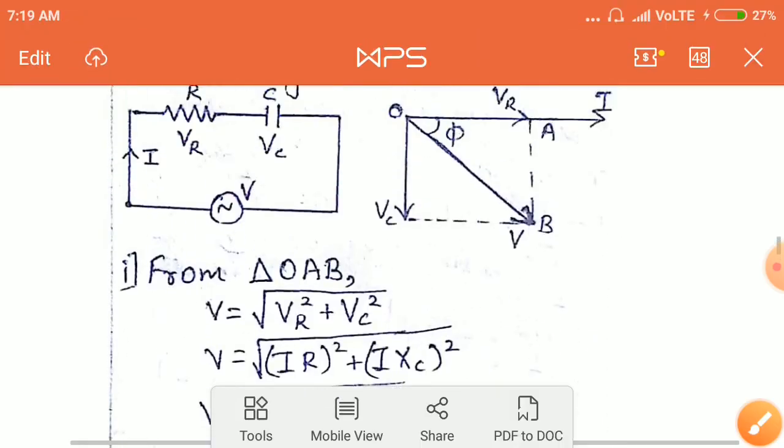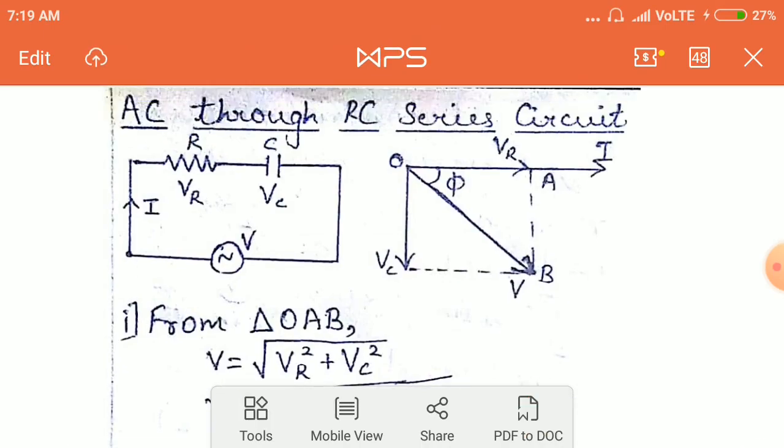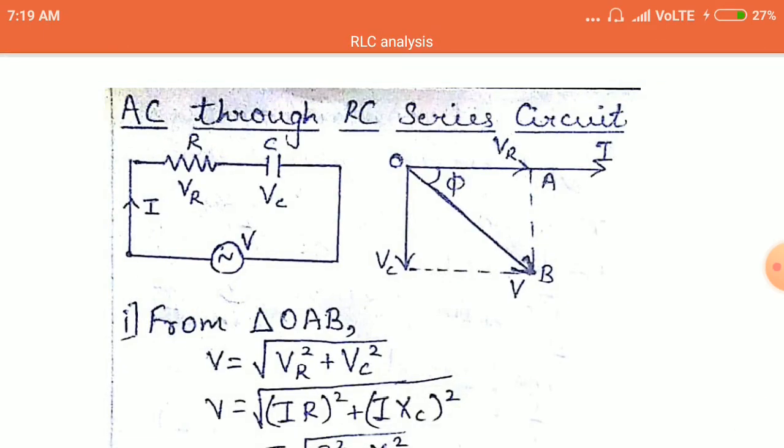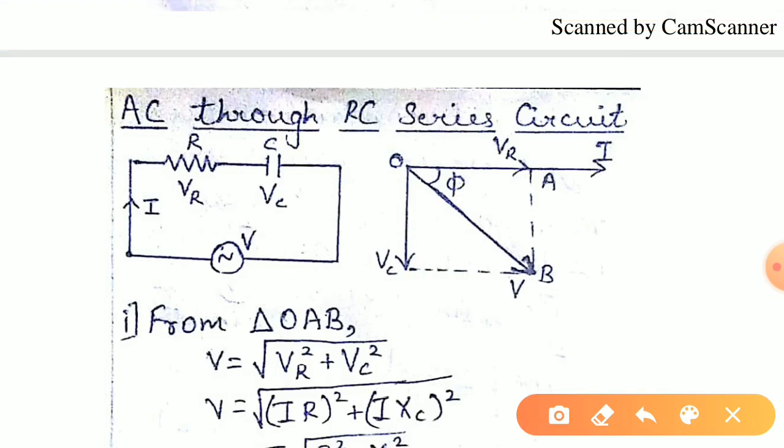To calculate the power factor, how can we find it in the diagram? Power factor can be calculated from cos phi, which is base upon hypotenuse.